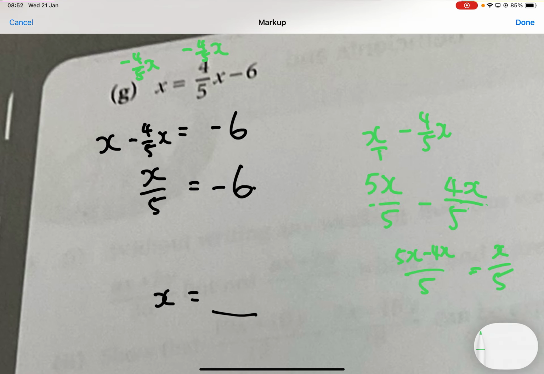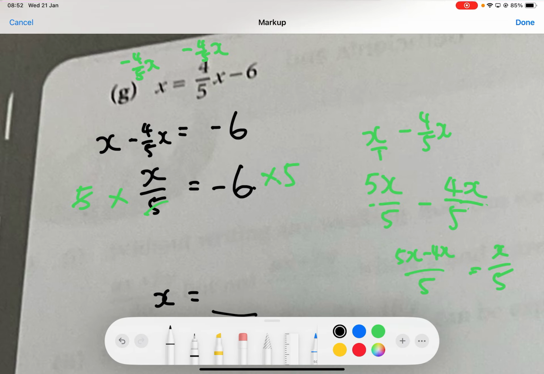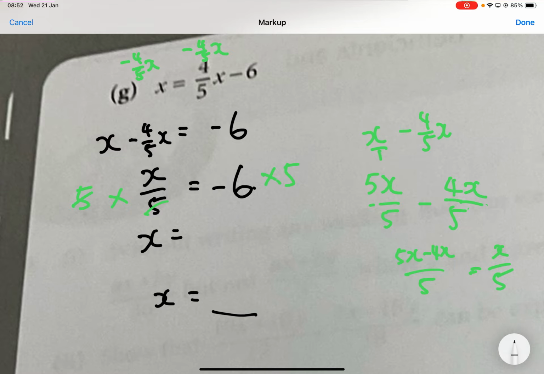You have to multiply 5. Because when I multiply 5, the 5 can cancel away the 5, become 1, I can get my 1x. But because I want to multiply 5, I have to multiply 5 here, on the right also. Then I will have x is equals to negative 6 times 5. Answer.